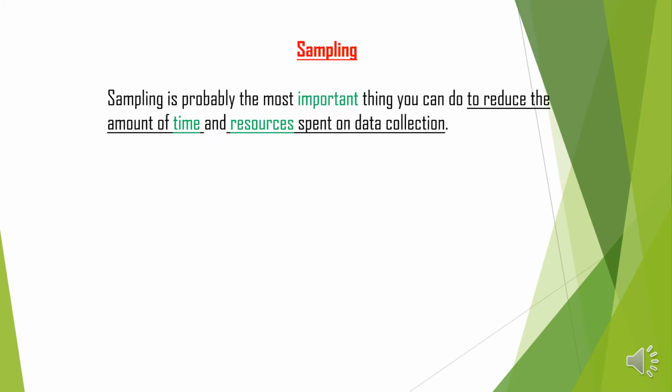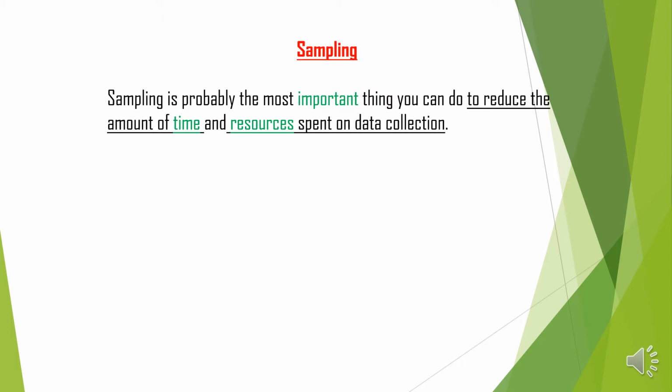Sampling is probably the most important thing you can do to reduce the amount of time and resources spent on data collection. If you are going to study all physicians, you will consume a lot of time and you need a lot of resources: people, paper or IT, money, extra time, and so on.